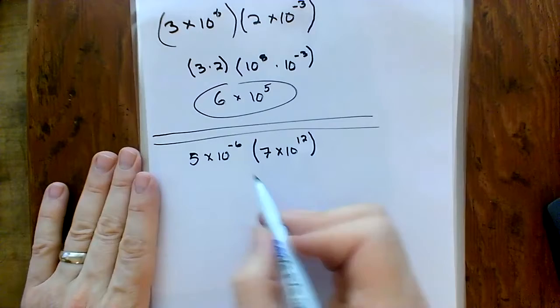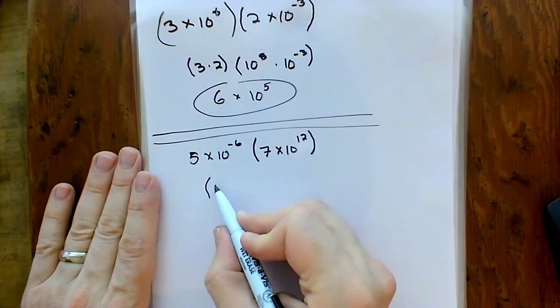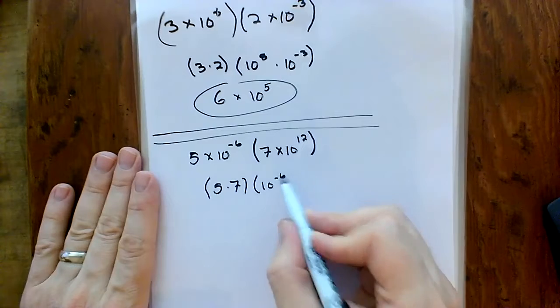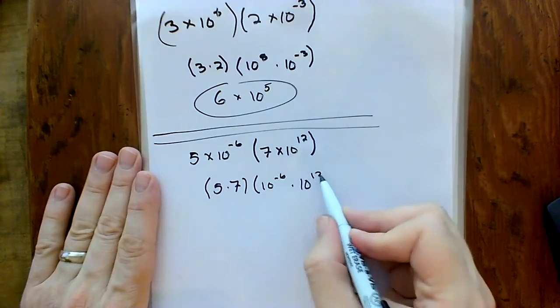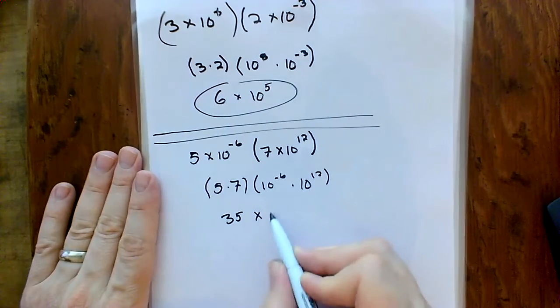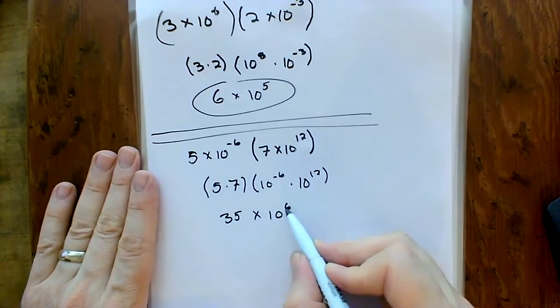Okay, now when I do this, I'm going to still regroup. I've got 5 times 7, and then I've got 10 to the negative 6 times 10 to the 12th. So this is 35 times 10 to the 6th power.